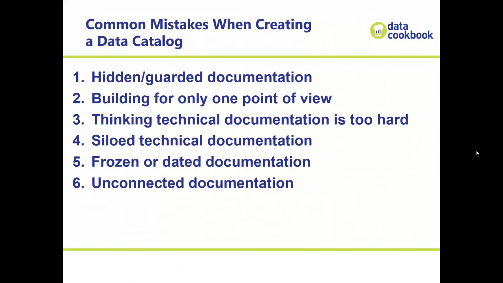All right, the next one is having a data catalog that's unconnected documentation. To be fair, this is a more complicated thing to do, particularly in a homegrown documentation setup. What I mean is, I talked about all the different emergent or connected content to governance content.